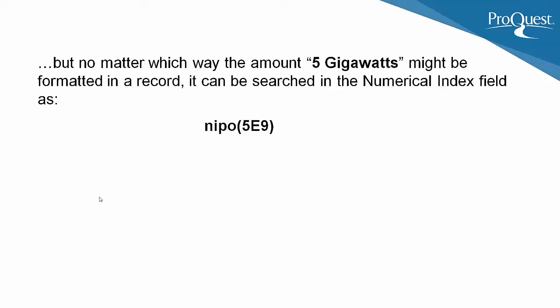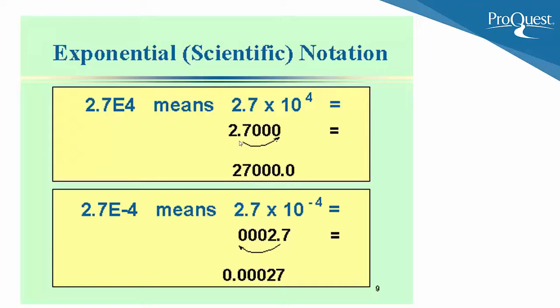And if we're using numeric indexing searching, any of those other ways of saying 5 gigawatts would all boil down to just this. And using numeric indexing, this is the only way you would have to search for it. And you would get the record regardless of any of those other ways that the article might talk about 5 gigawatts.